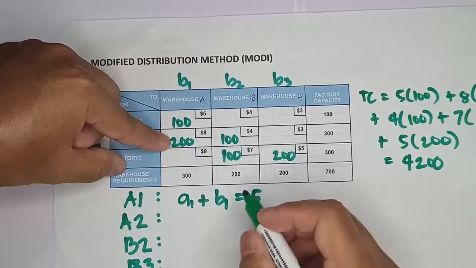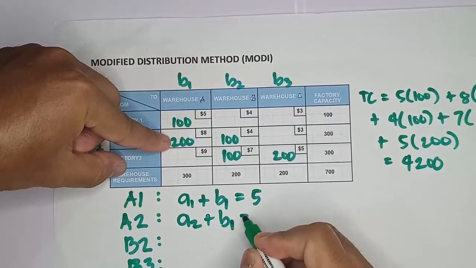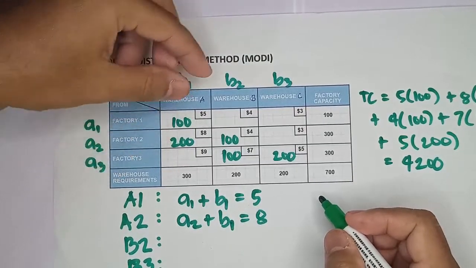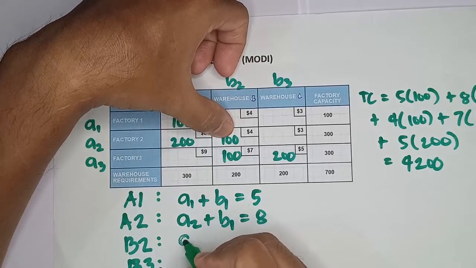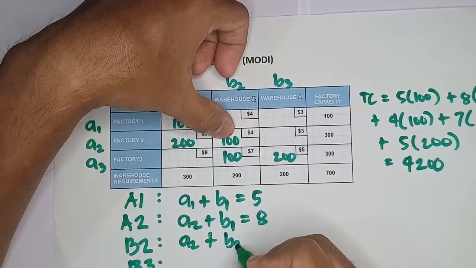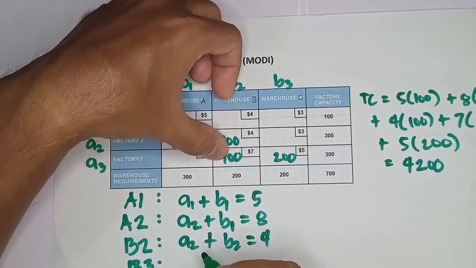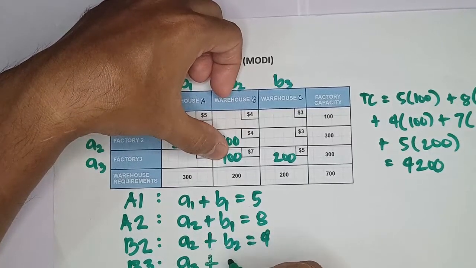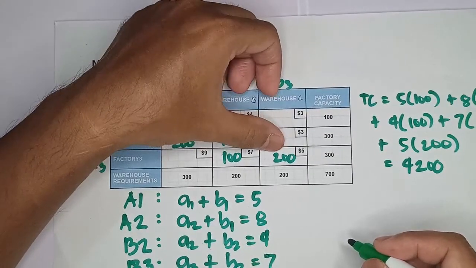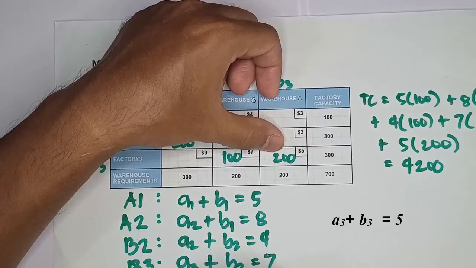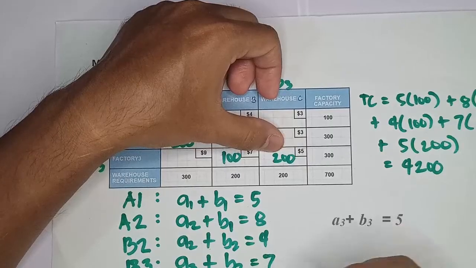For A2, its equation is A2 plus B1 is equal to 8. For B2, it's A2 plus B2 is equal to 4. For B3, it's A3 plus B2 is equal to 7. For C3, it's A3 plus B3 is equal to 5.